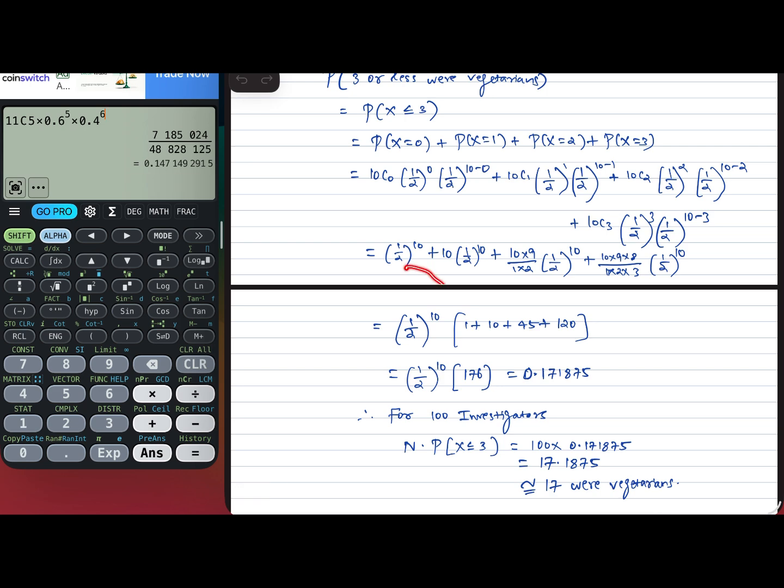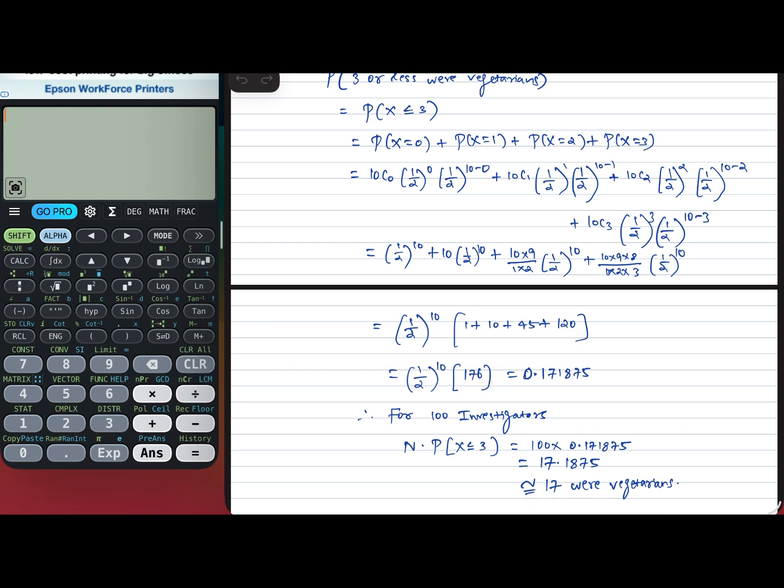The first term is 1, the second term is 10, the third is 10C2, which is 10 into 9 by 2, that is 45, and 10C3 is 120. When you add all these terms, you get 176 into (1/2)^10.